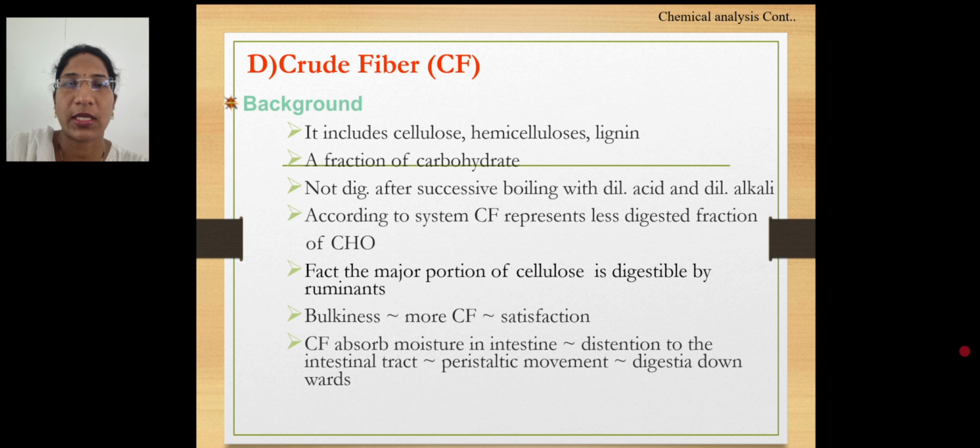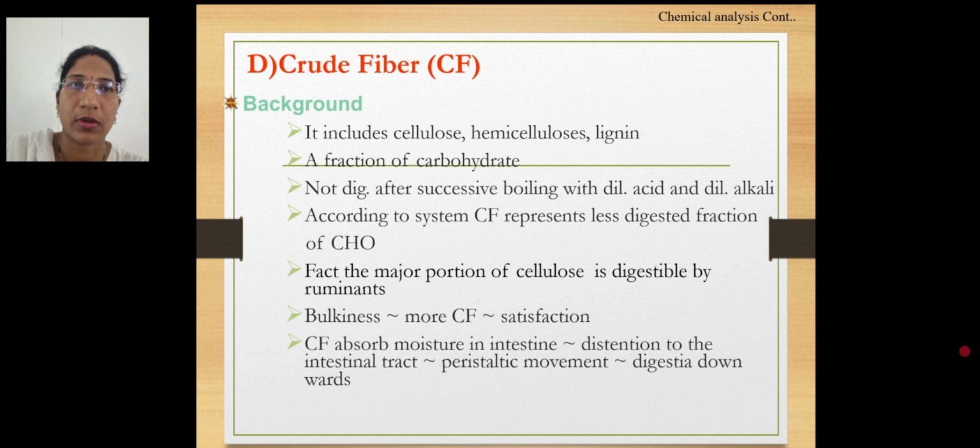Then crude fiber, that is CF. Crude fiber contains cellulose, hemicellulose and lignin, a fraction of carbohydrate that is not digested after successive boiling with diluted acid and diluted alkali.